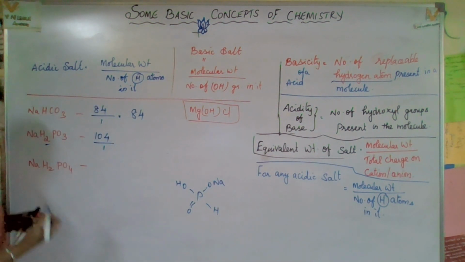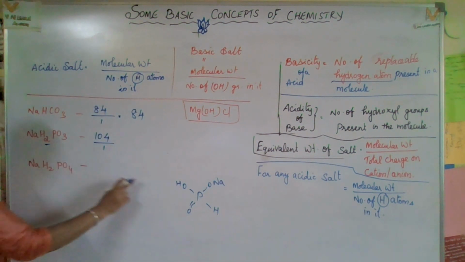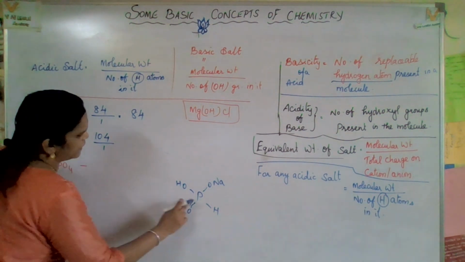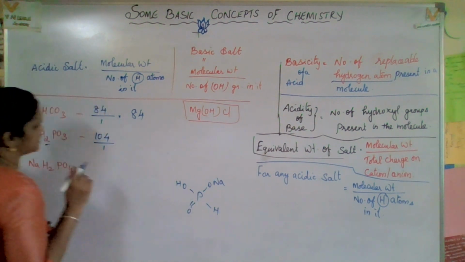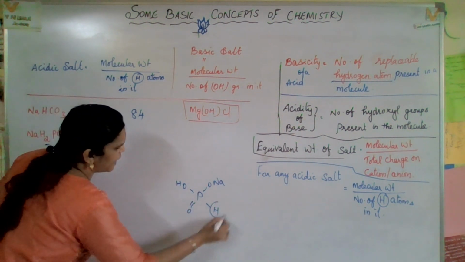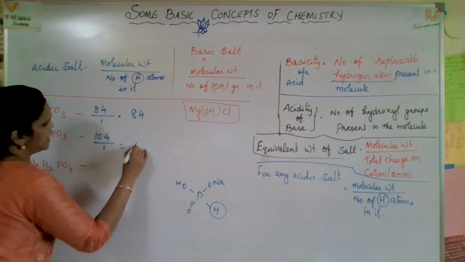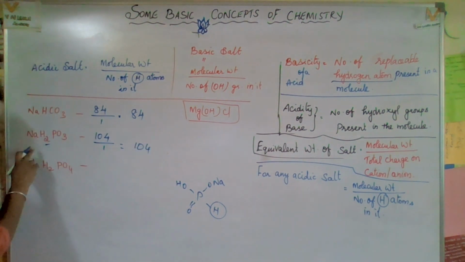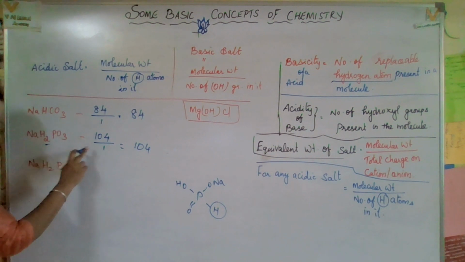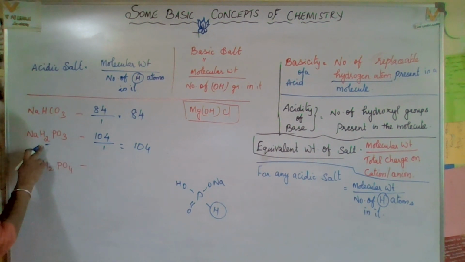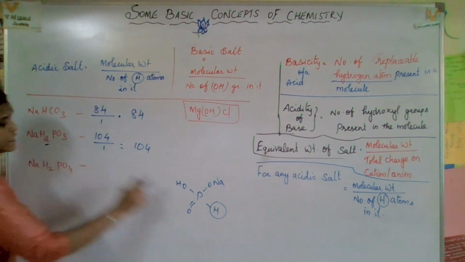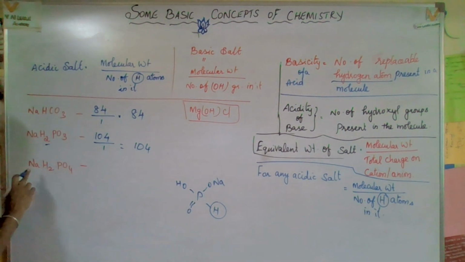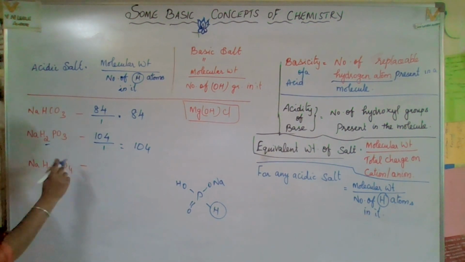So in this NaH2PO3, you will get only one hydrogen, no? So that means here 104. See, now you check the equivalent weight of NaH2PO3. Why are you getting only one? Because H2 is mentioned, but for equivalent weight, the number of hydrogen atoms present is only one. So please check it.